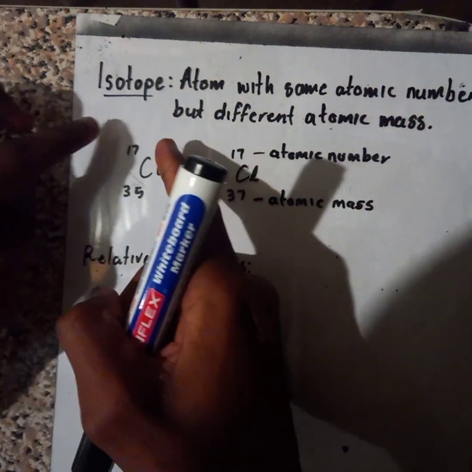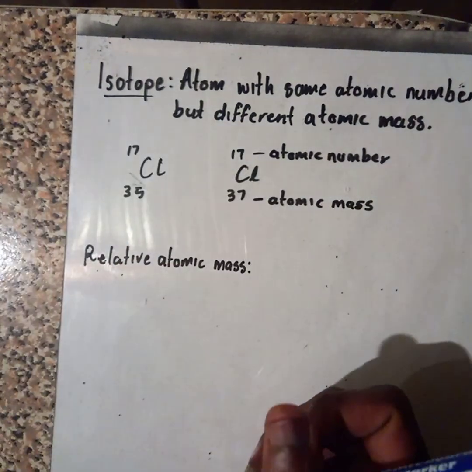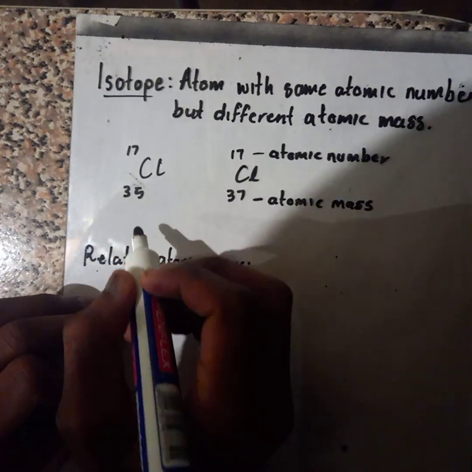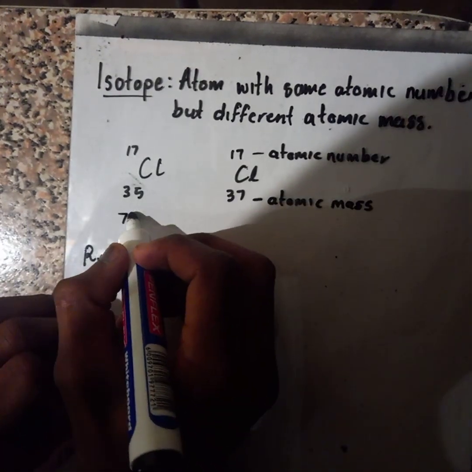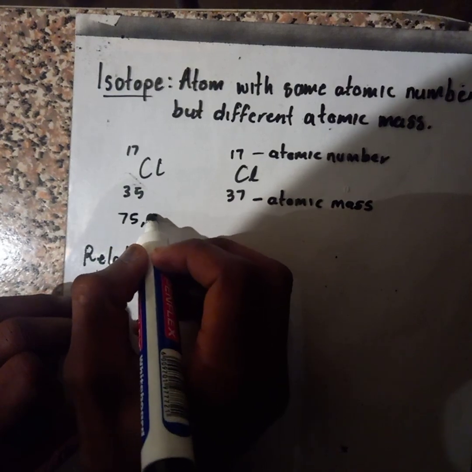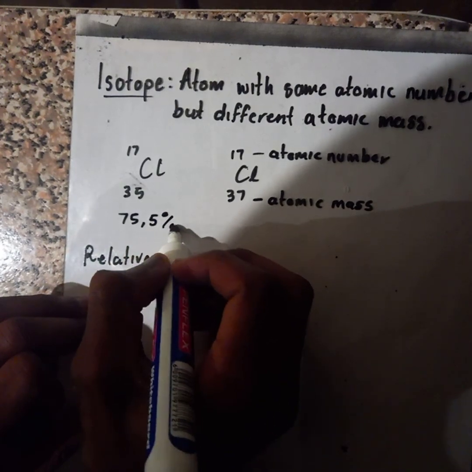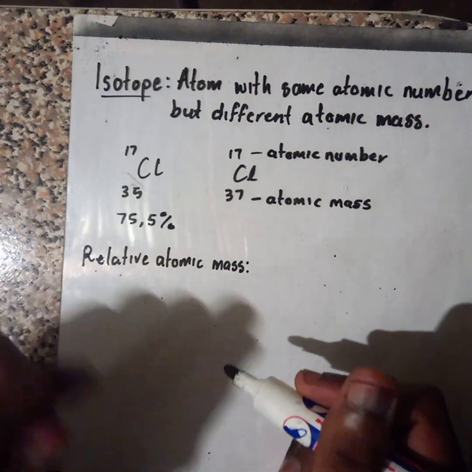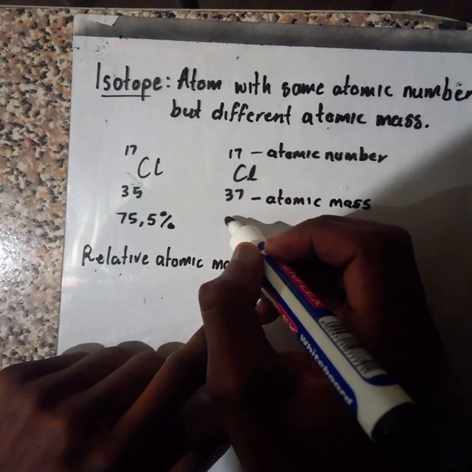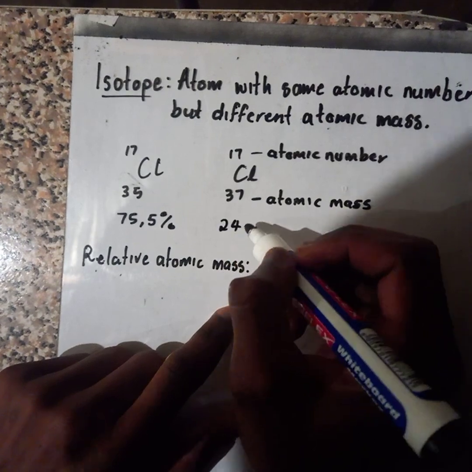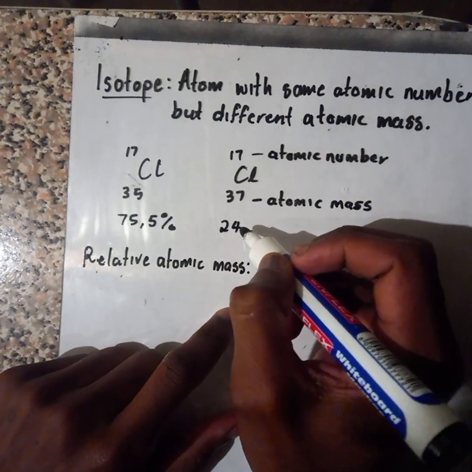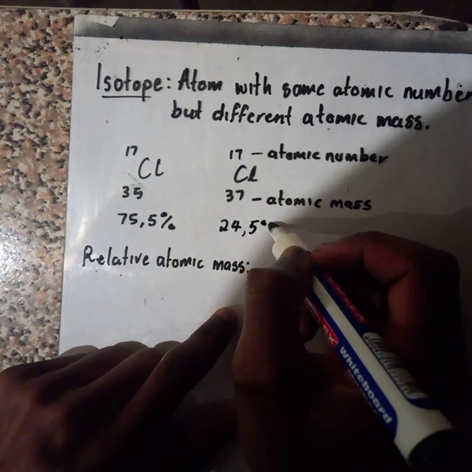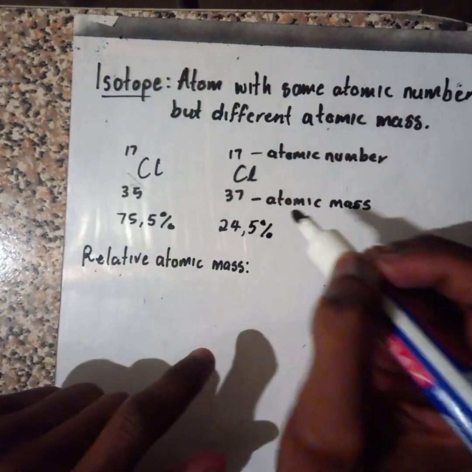if the first one constitutes 75.5% in a relative atomic mass, and now let's say this one constitutes 24.5%.